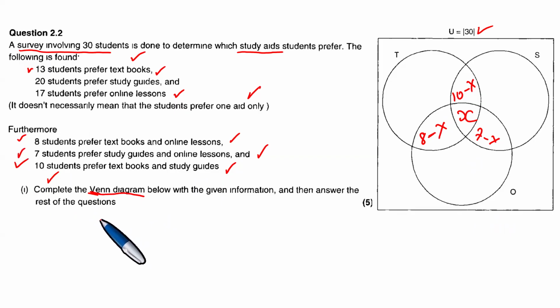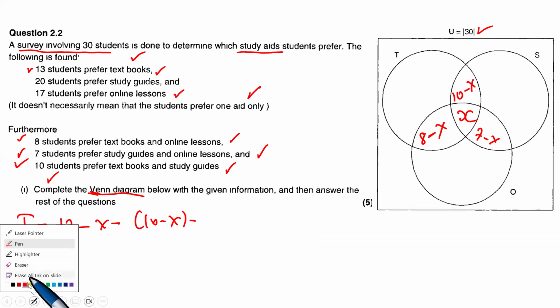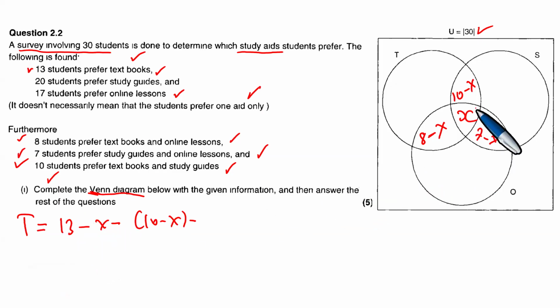So the textbooks would be 13 minus X, minus 10 minus X. Then we would have to subtract also from the 13. We said 13, we subtract X, we subtract 10 minus X, but we also subtract 8 minus X.